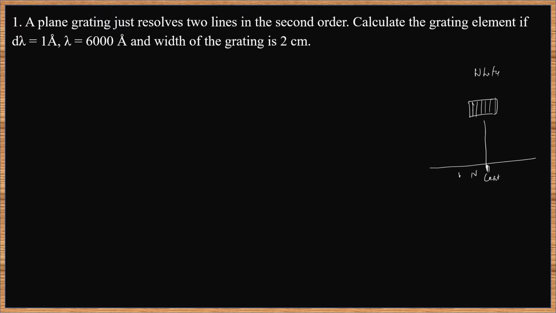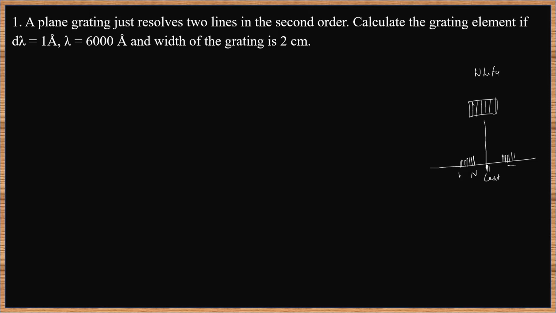Okay, so violet, indigo, blue, green, yellow, orange, like that. So if we consider any two such spectral lines, that is what is written here.